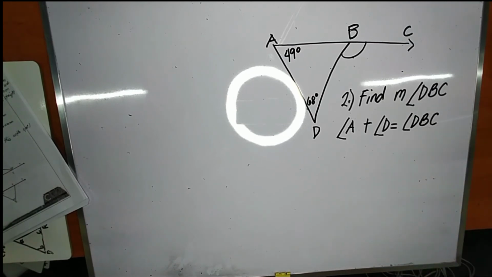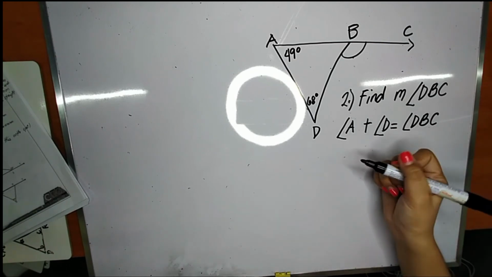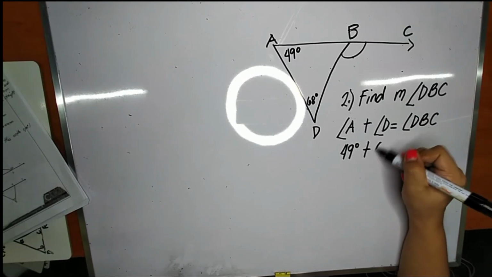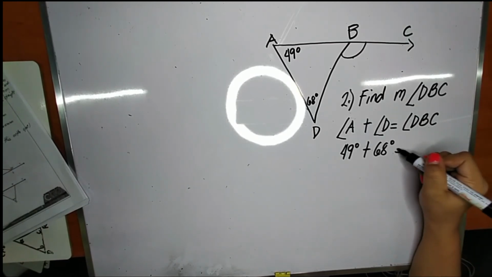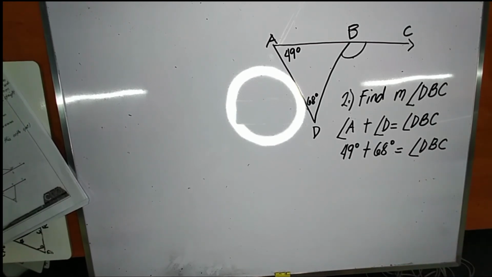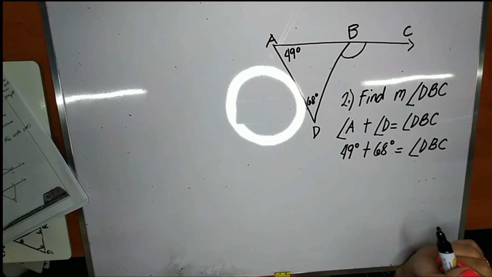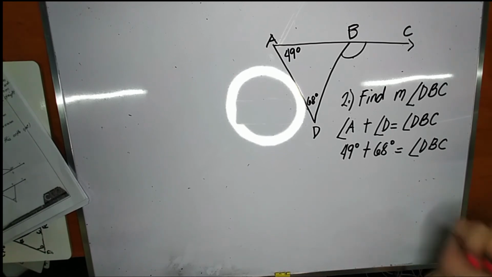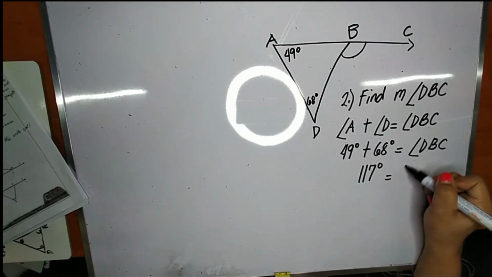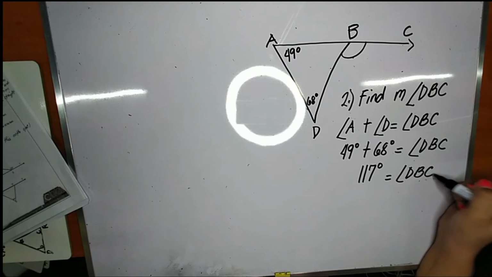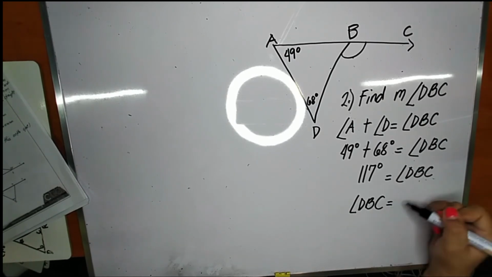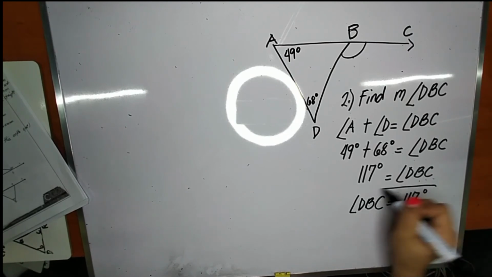That is our theorem from earlier. And it is given that angle A is 49 and angle D is 68 degrees. So, obviously, if we add 49 and 68, that gives us 117 degrees. So, therefore, our exterior angle DBC is equal to 117 degrees.